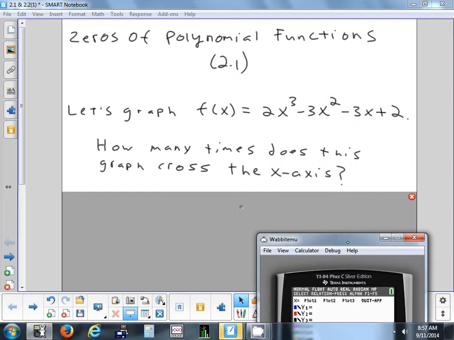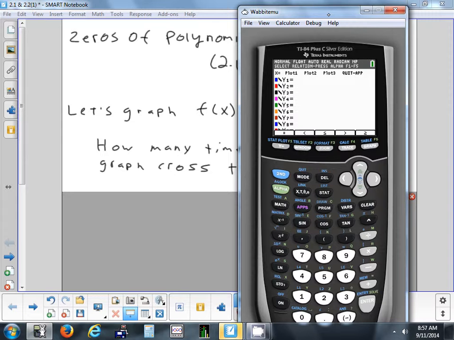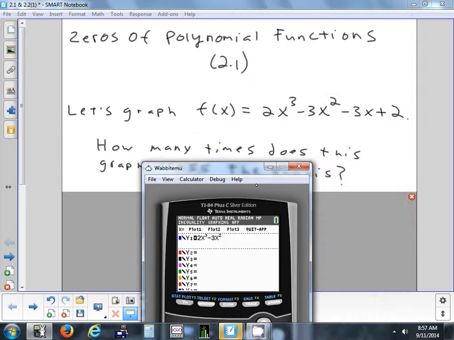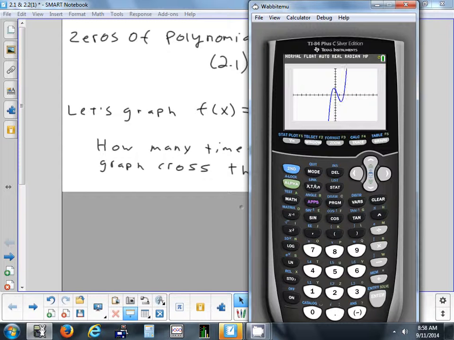So we've got 2x cubed minus 3x squared minus 3x plus 2. You start with zoom 6, and we'll see if that's good enough. Yeah, it's good enough.